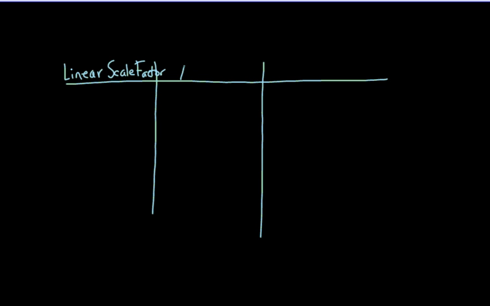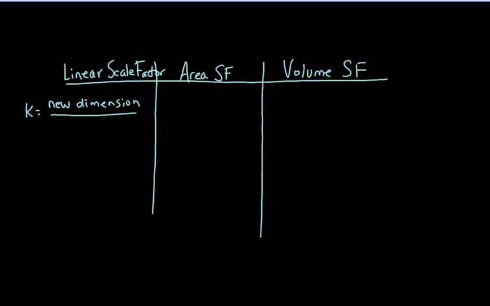Then we have area scale factor, and we have volume scale factor. So far we've only covered the first one, and often we give it the symbol K, and we find it by taking our new dimension, so new length, new width, new radius, over our original dimension.